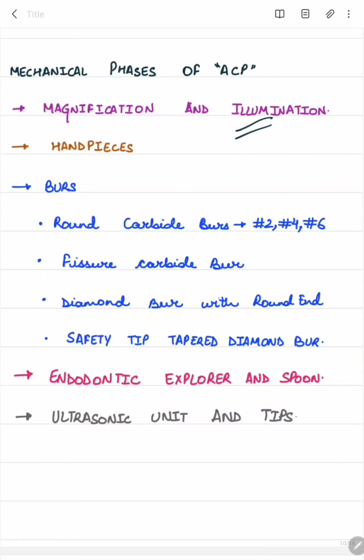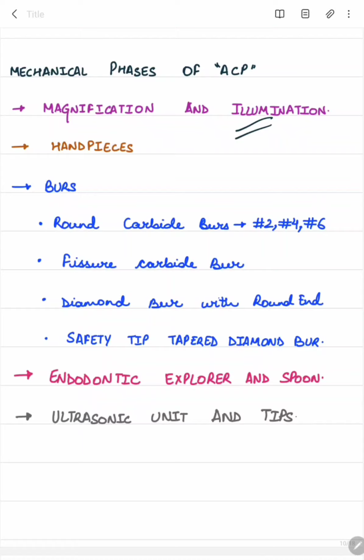Now the burs. Burs are of different types which we use while preparing access cavity. So the first one is round carbide burs, which come in three sizes, that is 2, 4, 6, right? They are useful for penetrating through the roof of the pulp chamber and removing the roof of the pulp chamber, you can see. Secondly, Fisher carbide burs and diamond burs with round ends.